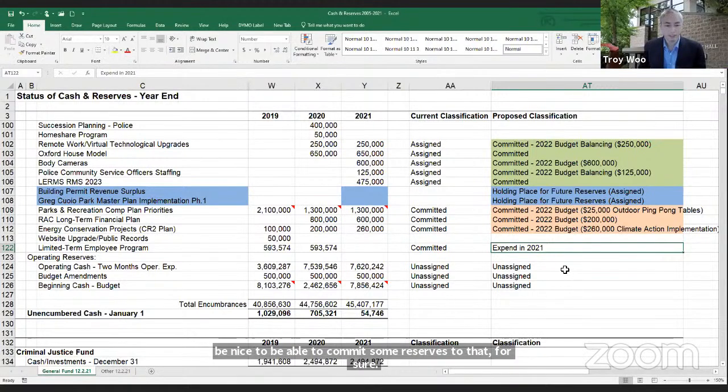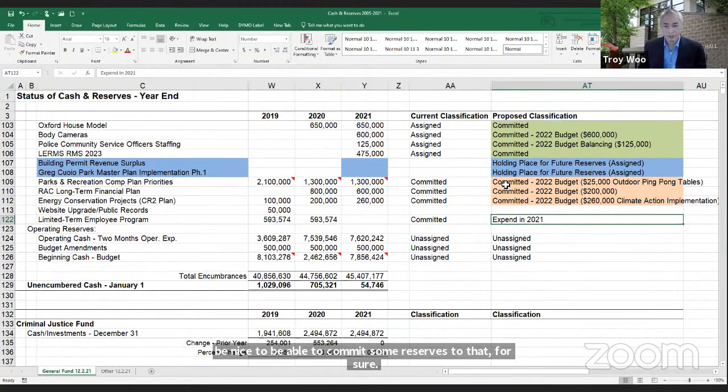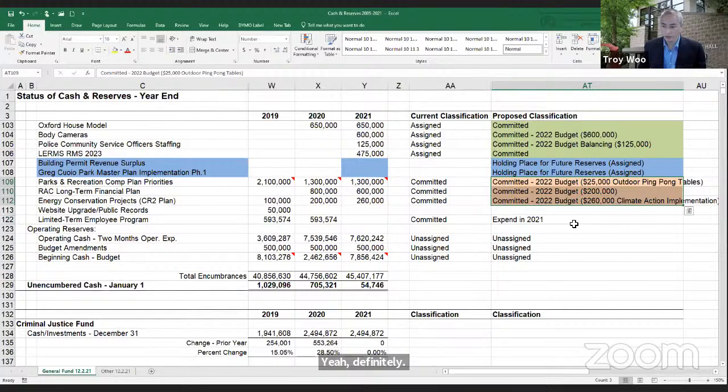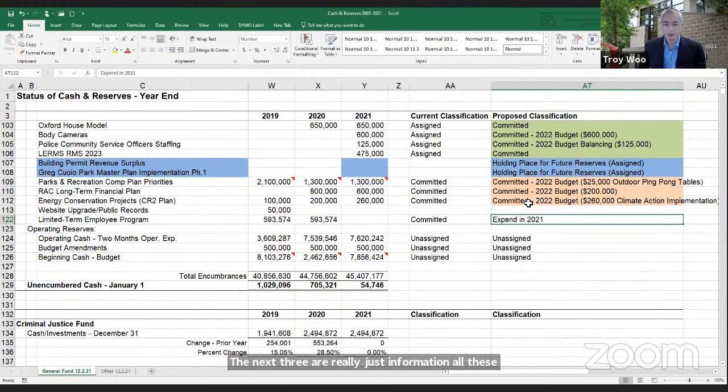Yeah, definitely. The next three are really just informational. These are the uses of these reserves that are in the proposed budget. So the Parks and Rec comp plan priorities, it's the outdoor ping pong tables, the RAC long-term financial plan.